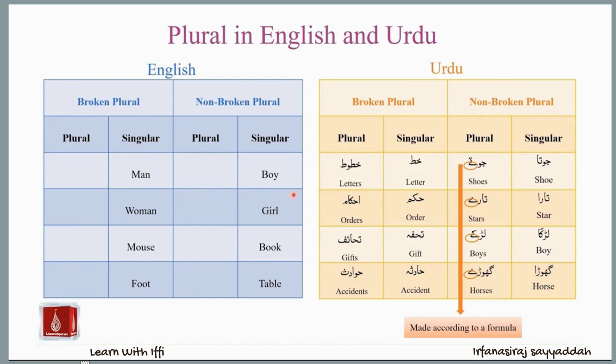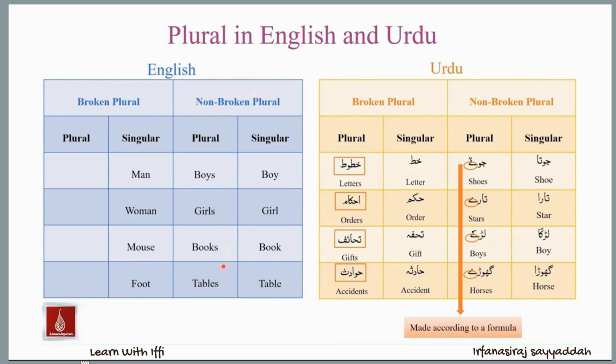If we look at examples from English, we have singular words like boy, girl, book, and table. The plurals are: boy becomes boys, girl becomes girls, book becomes books, table becomes tables. Boys, girls, books, tables.